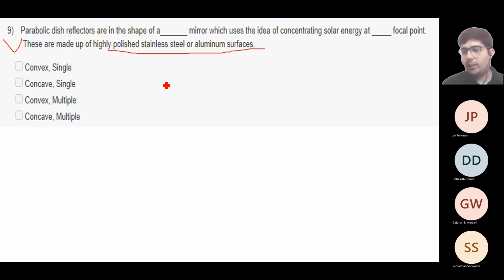As we have already seen in that part, we were having a structure like this, and the solar energy was reflecting like this only.